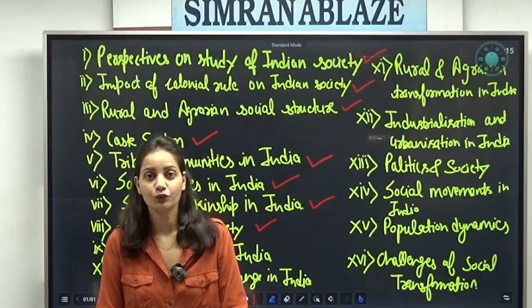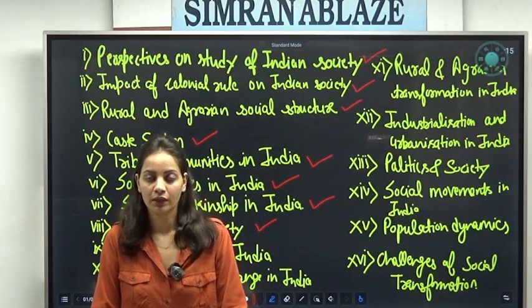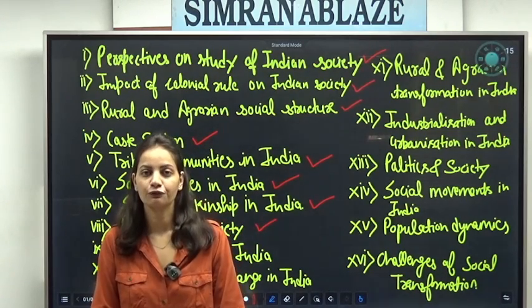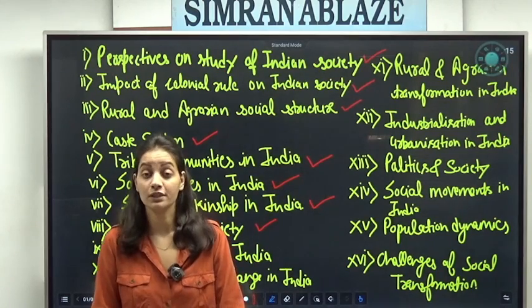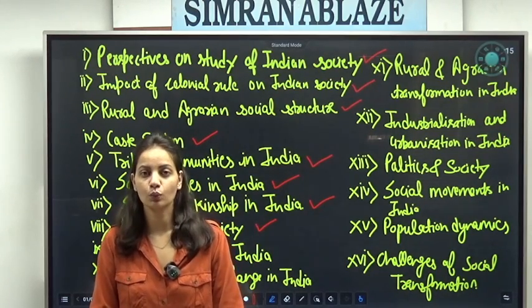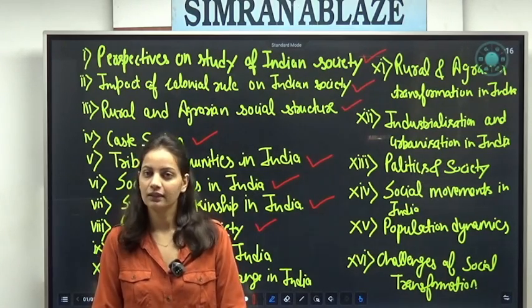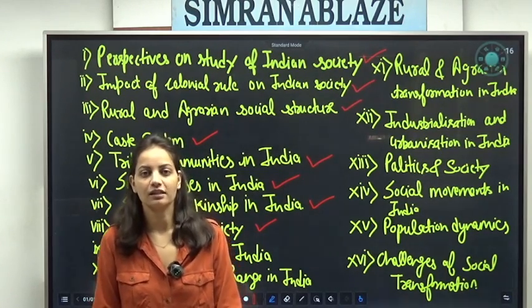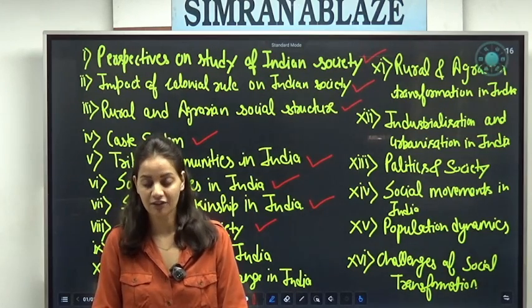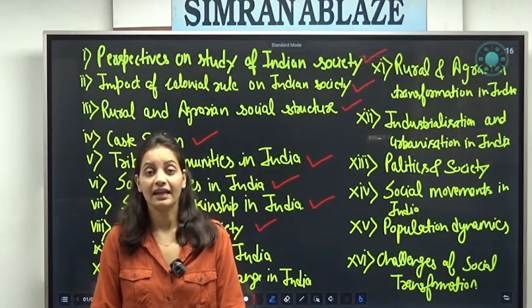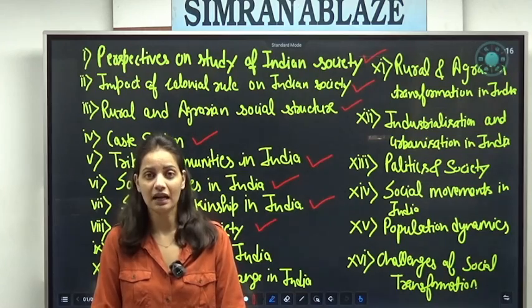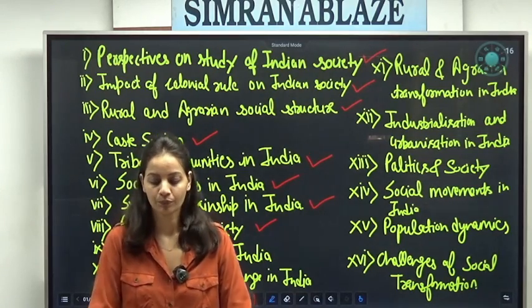Okay, so as I have told you, in paper 1 there was less overlapping of topics with the GS papers, but your whole GS1 society part is holistically covered in this paper. We study everything that is part of society, as I have also mentioned: land reform, agriculture, agrarian structure, class system, everything we study in paper 2.